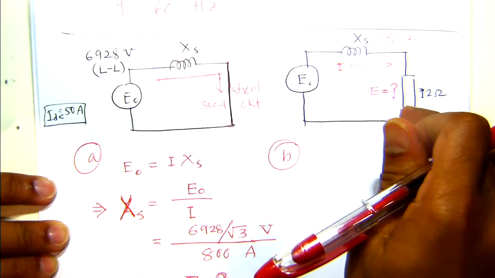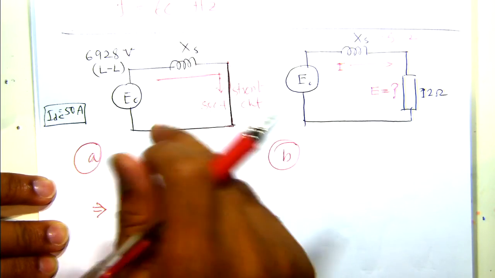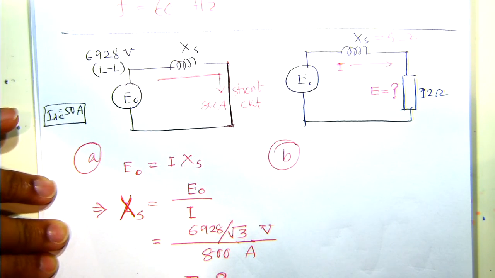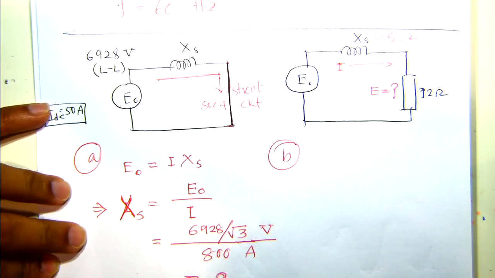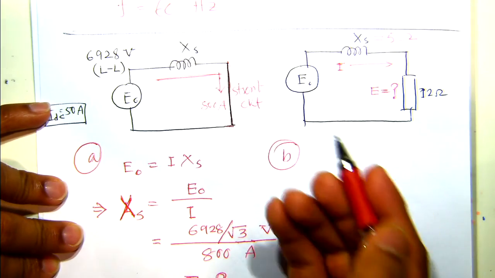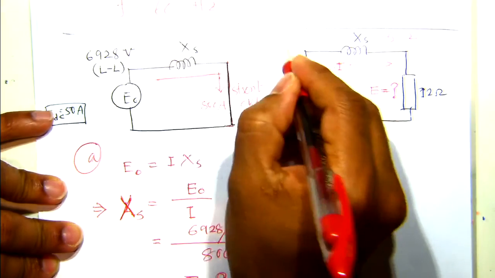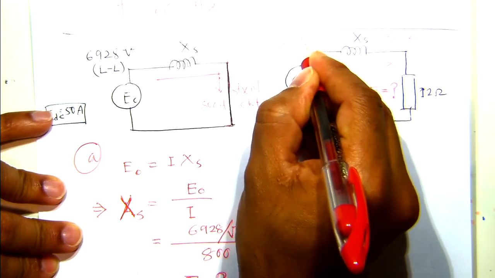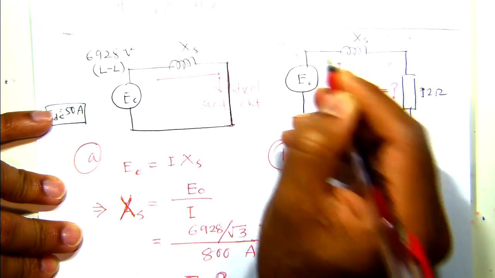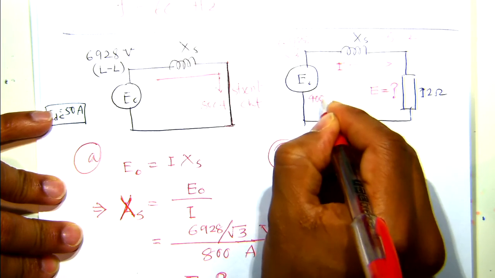Once you put a load there, that will not be true. The current will be different because the resistance changes. So we don't know the I. We have to determine E, but we know E naught, that is 6928 divided by root 3, which is actually 4000 volt.